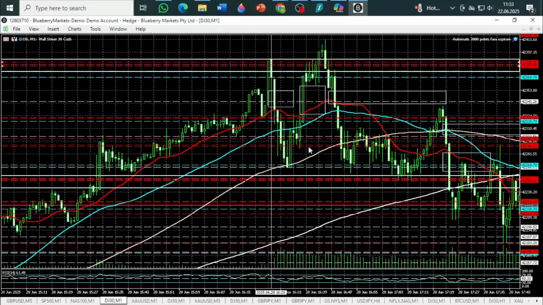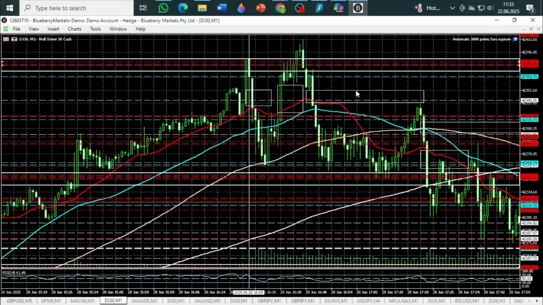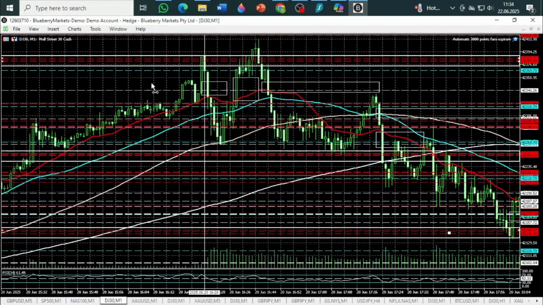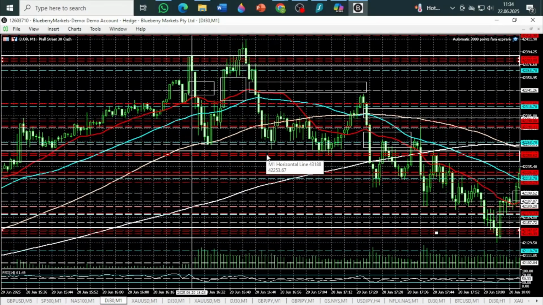We have a rejection from moving average 100, and this is important. We've drawn many red lines, important levels.